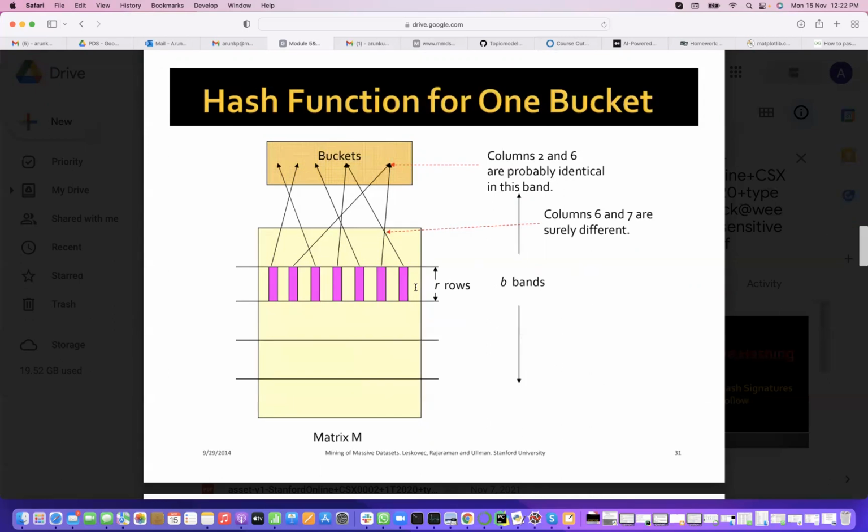How many pairs do you need to evaluate without doing this locality sensitive hashing? 7 C2. 7 C2 is how much? 7 3s, 21 pairs. Now, if you take the hash map and see whether they are hashed to the same bucket, only if they are hashed to the same bucket will you see whether they are similar or not.